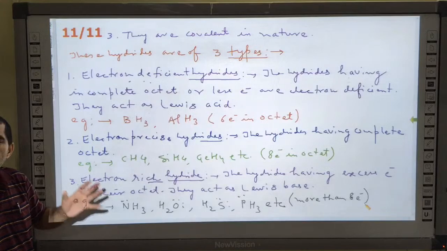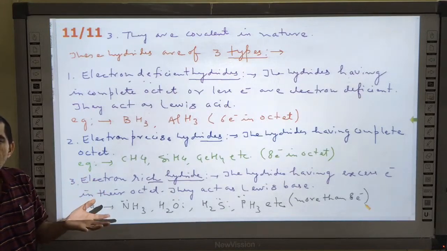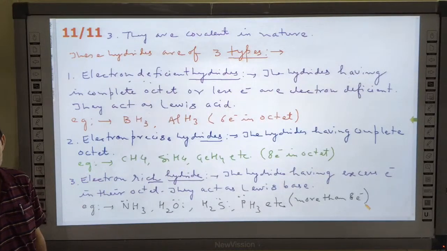So they are called electron rich hydrides. Understood?